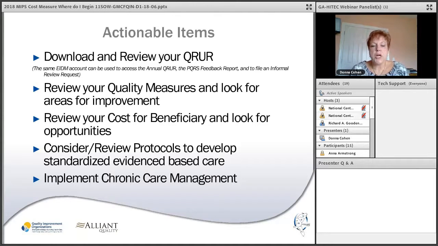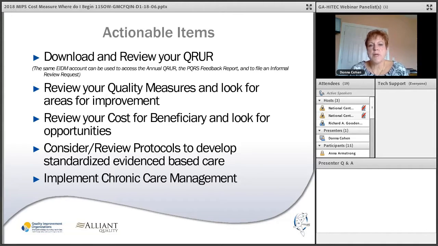If you don't have any protocols in your office where you are encouraging all the clinicians to practice to evidence-based guidelines, I certainly encourage that. Also, if you've not implemented the Choosing Wisely program, which really looks at avoiding unnecessary tasks, that's something to consider as well.